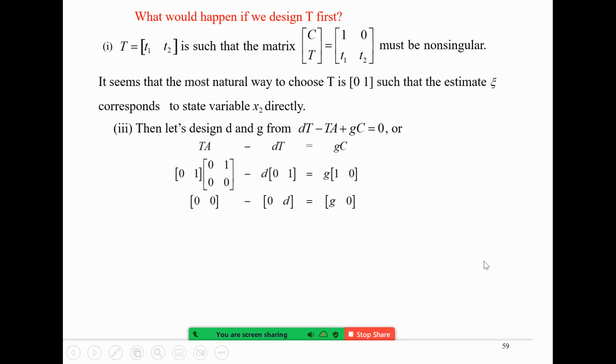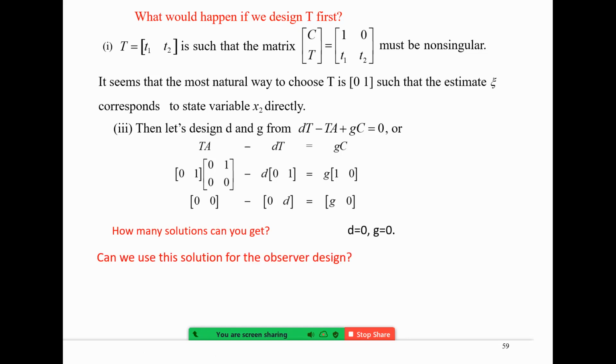Now you look at this equation. This time, how many solutions can you get? What is D and what is G? Both of them have to be 0. Or we say, hey, it's simple, we only get one solution.